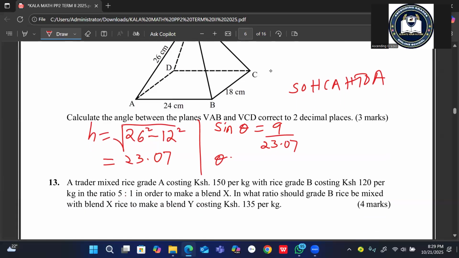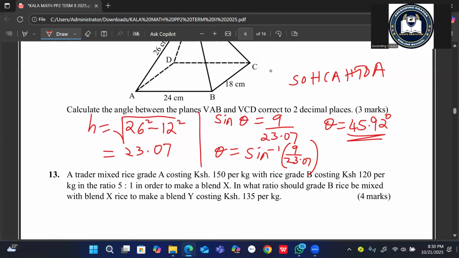So theta is equal to sine inverse of 9 out of 23.07. So our theta is 45.92 degrees. So you already have your 3 marks.